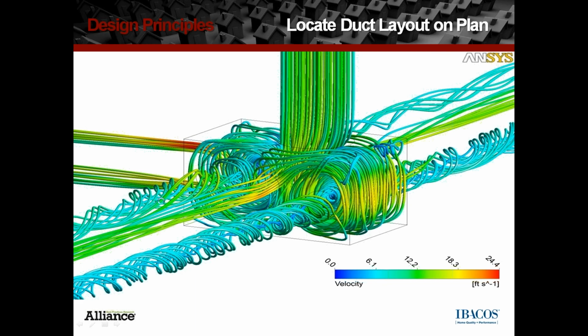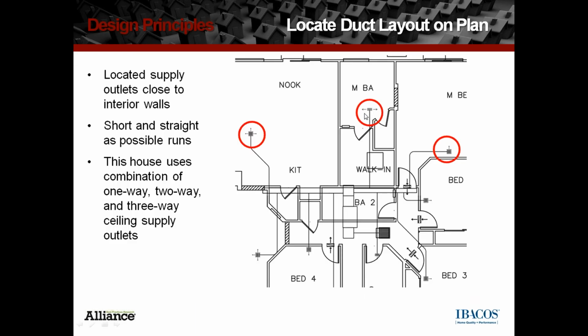Looking at the far left-hand circle that's serving that kitchen nook area, it doesn't go straight out off the trunk because there's a trade-off there of keeping the trunk as short as possible versus a little bit of extra supply ductwork going to it. So it comes straight off, jogs to the left slightly, and then out to the area where it's going to perform the best.